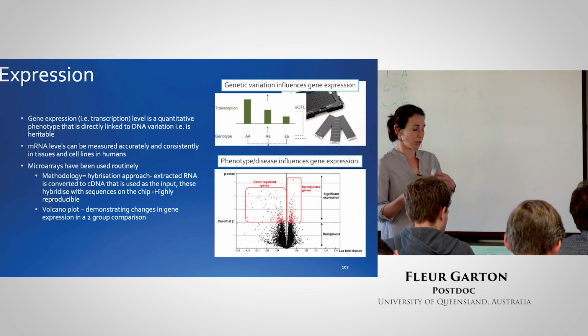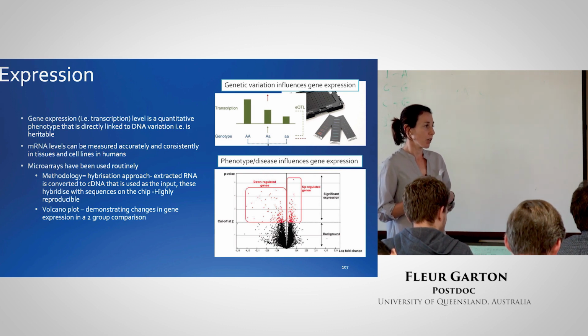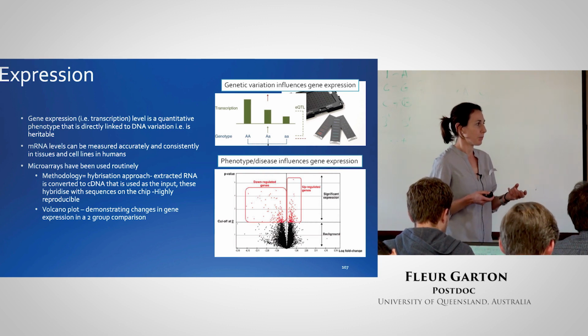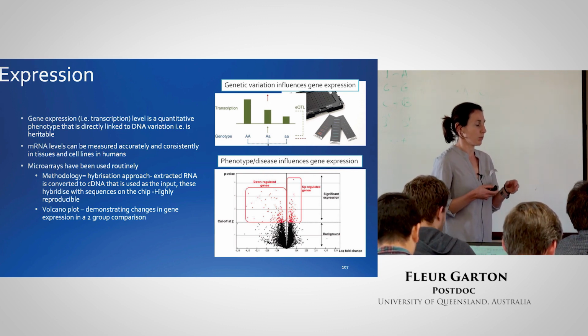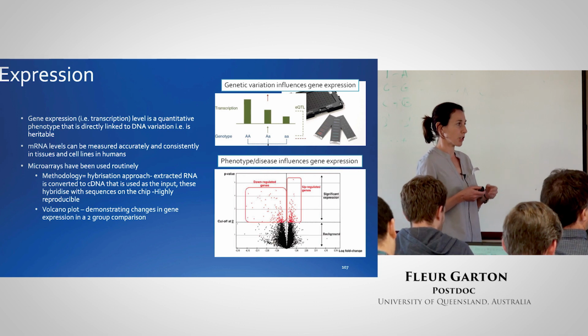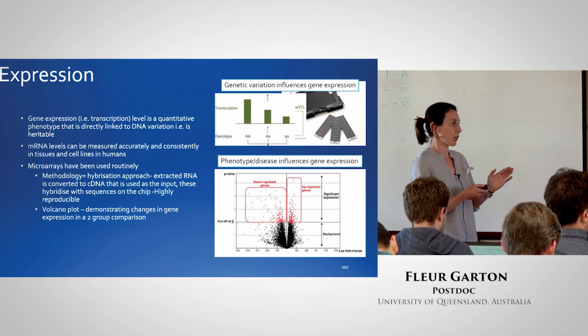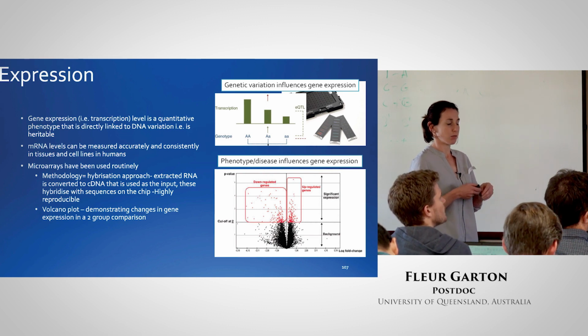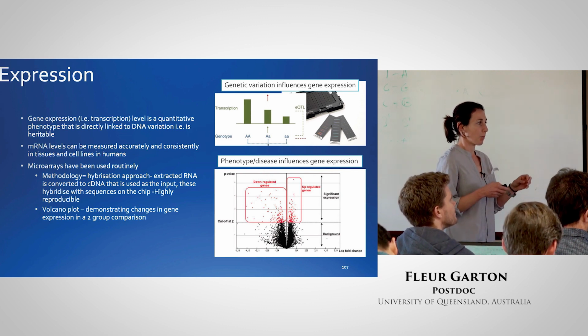And then this hybridizes with sequences on the chip. This is a highly reproducible method, and typically if you're looking at differential expression, it's often shown as a volcano plot demonstrating changes, so genes that are up versus genes that are down when you're comparing two groups.